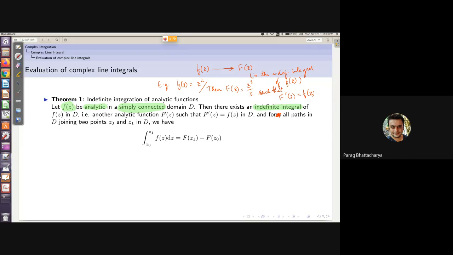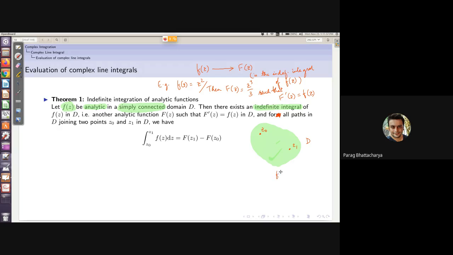So what we mean by that is this. Let's say this is some domain, capital D. And in this domain, let's say we have two points, z0 and z1.